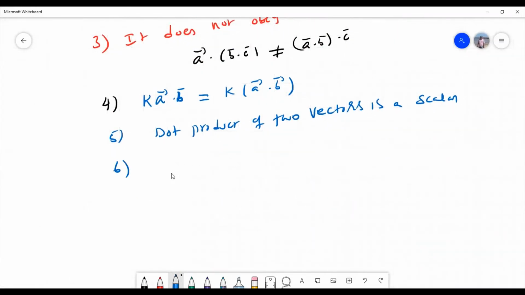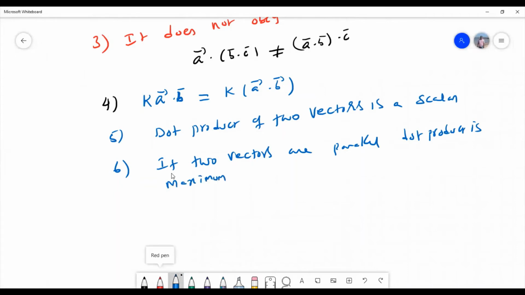And the sixth one, if two vectors are parallel, dot product is maximum. If two vectors are parallel, what is the angle?